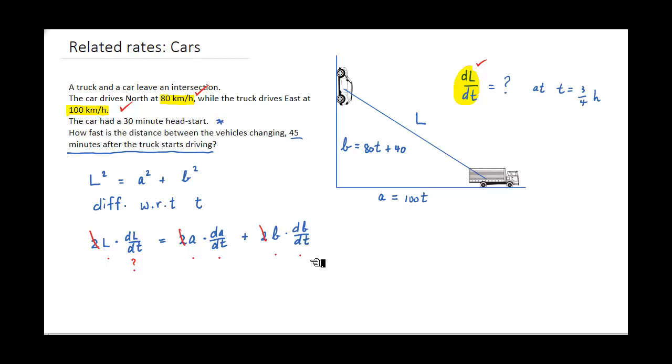So do we know all these things? Starting at the right-hand side, dB/dt, yeah, we know it. It's equal to 80. That's how fast the car is driving. B, do we know what B is?